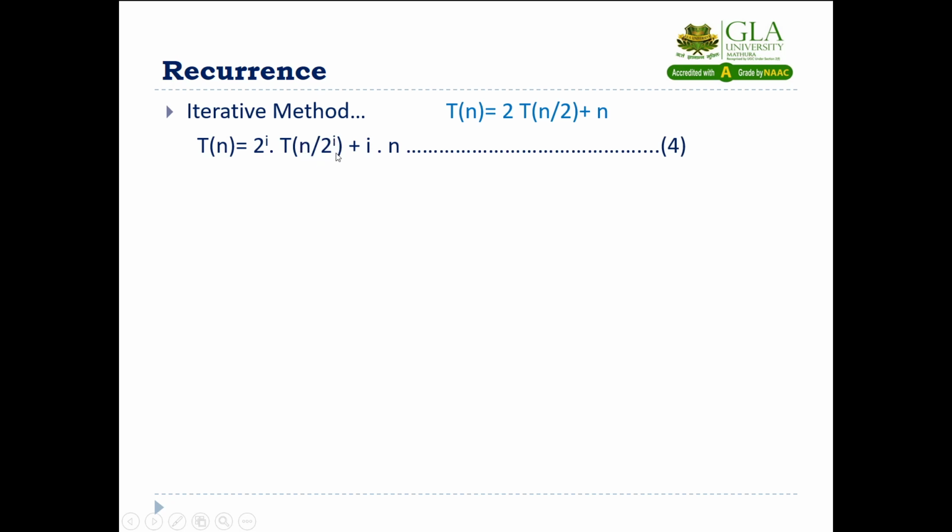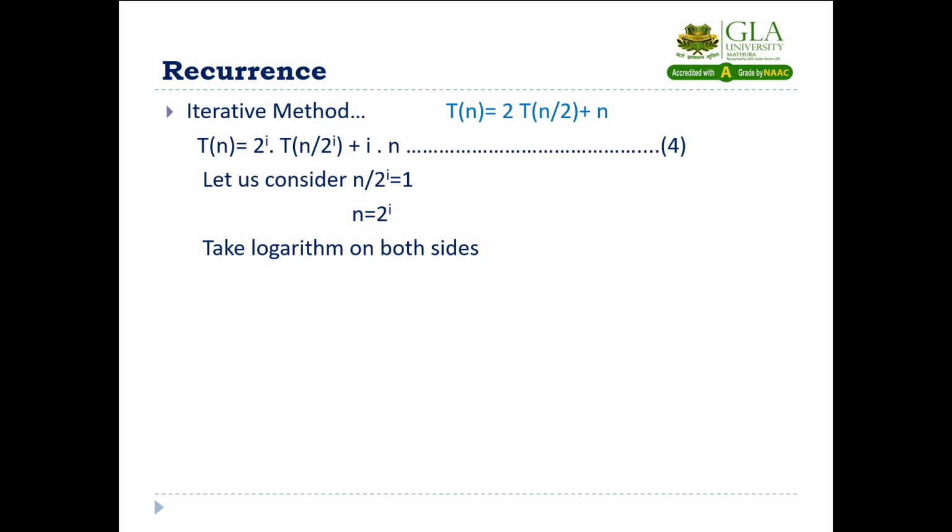So we are assuming then n divided by 2 to power I equal to 1. So we will have n equal to 2 to power I, and we will apply the logarithm on both sides. We will get the log n equal to log 2 to power I. So it will be log n equal to I log 2 and I equal to log n divided by log 2. So whatever the denominator, that will become the base of the numerator.